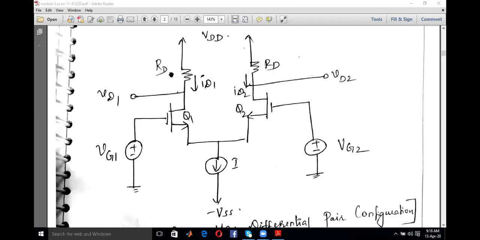That positive terminal and negative terminal are nothing but your VG1 and VG2, so that this op-amp, acting as a differential amplifier, will amplify the difference between the two signals.